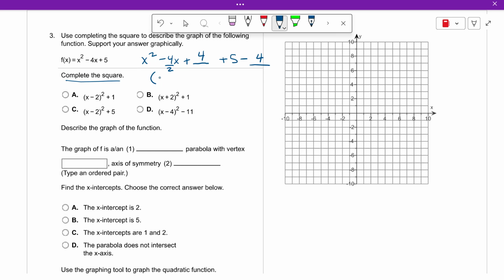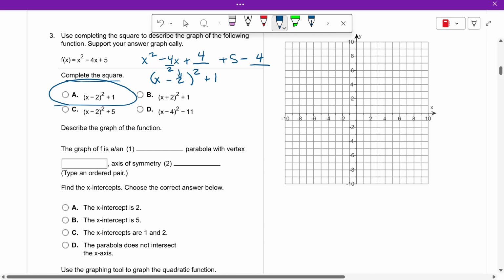So this becomes the square root of this, which is a negative sign, and then 2, quantity squared. X minus 2 quantity squared will give us x squared minus 4x plus 4. This divided by 2 helps us find this number right there. Okay? And then in the end, 5 minus 4 is plus 1. So you match that up, and this is the one it matches with. X minus 2 quantity squared plus 1. The reason why it's a minus is because that sign's a minus.